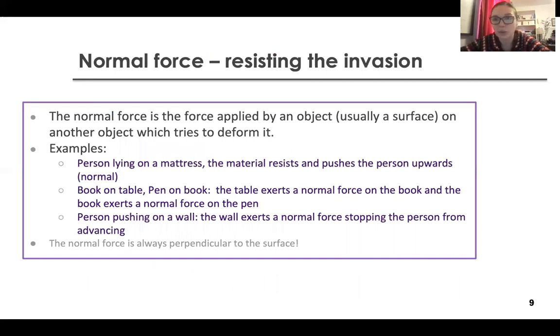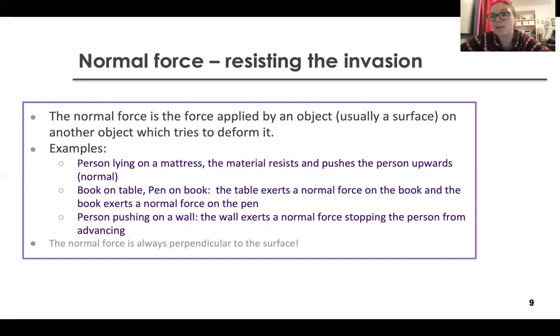Okay, so just doing a quick run through some of the forces. We start with the normal force, and the definition of the normal force is when an object is trying to deform another object, the normal force is the resistance force, okay, that keeps the object from being deformed, okay?